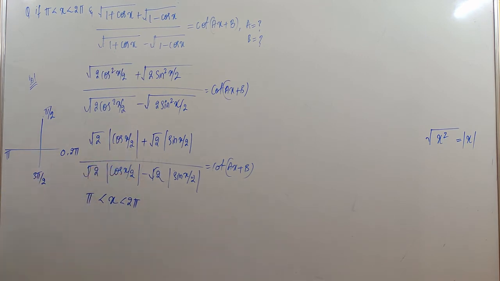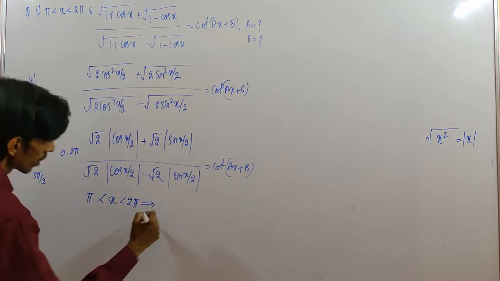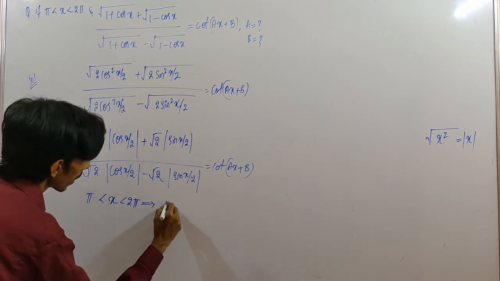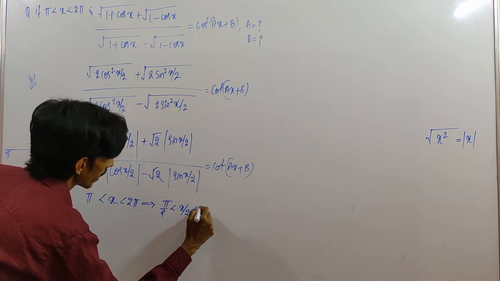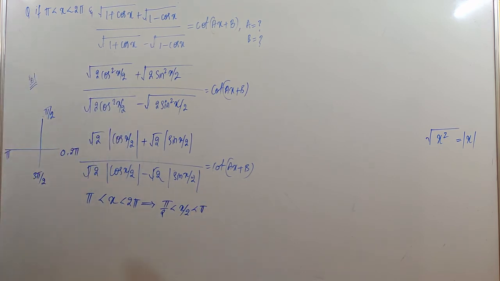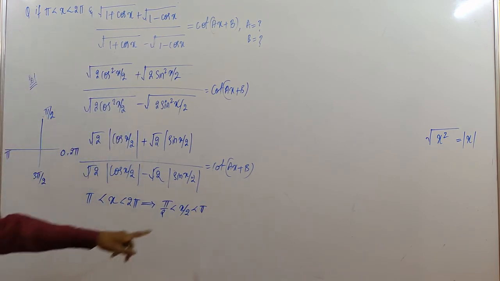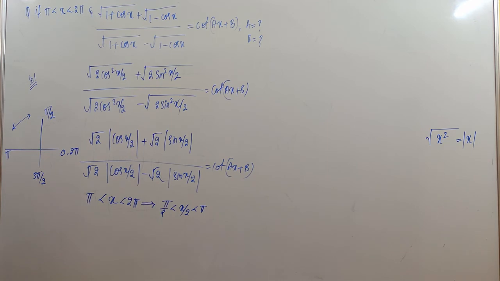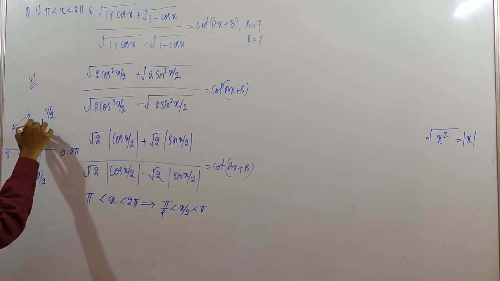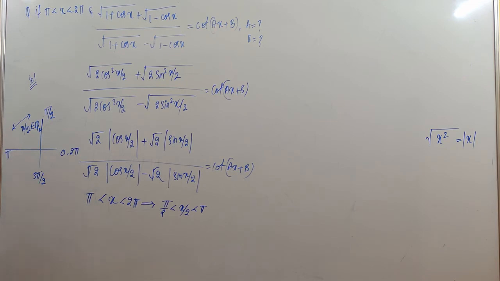Here we have x by 2. Dividing by 2, pi by 2 is less than x by 2, which is less than pi. So x by 2 lies between pi by 2 and pi, which means x by 2 belongs to quadrant 2.